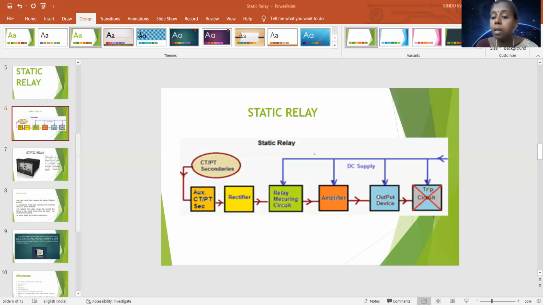The main purpose of the electromagnetic relay is to close the contacts of the trip. If an electromagnetic relay is used in the static relay, it is mainly used for the switching operation. These relays are electrically operated switches which have no moving parts.